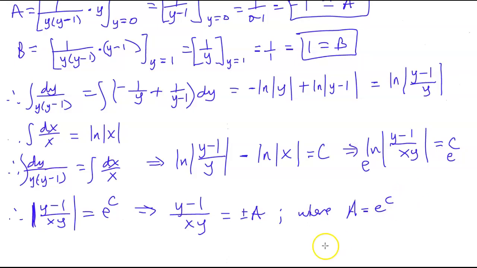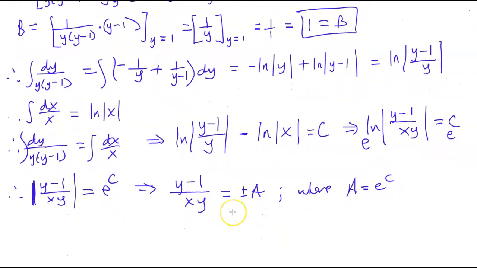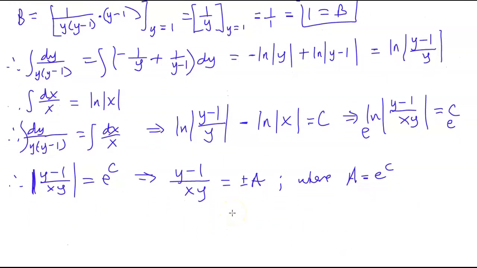Okay. And so from there, all I have to do now is just rearrange this equation to solve for y. So to do that, sorry, I forgot to do something here. Let me rewrite this.